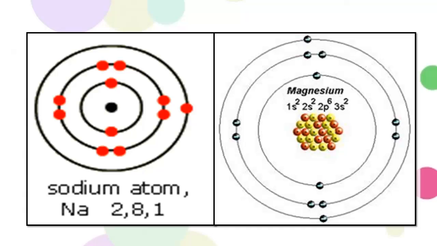In the third orbit, where the octet should be completed, only 1 electron is left. So if 1 electron is left in the outermost orbit, we say the valency of sodium is 1. Now in case of magnesium, again 12. So here 2, 8 and 2. So 2 valence electrons are left. So the combining capacity is 2. So the valency of magnesium is 2.